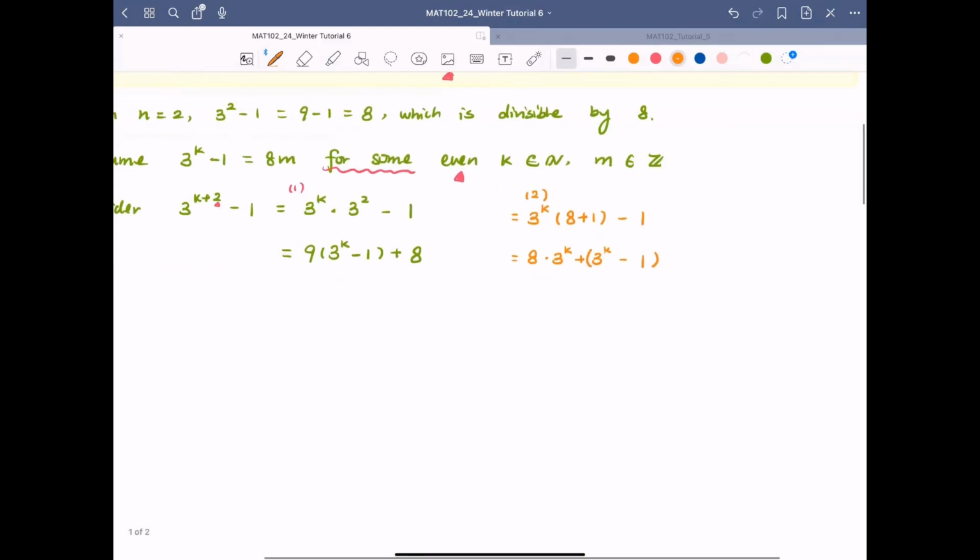So anyway, let's continue. By IH, I can write this as 9 times 8m plus 8. And I can factor out my 8. I'll get 9m plus 1, which is divisible by 8.